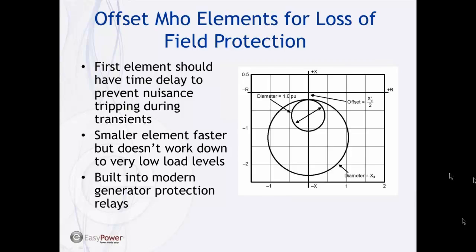The inner circle will trip basically instantaneously. So this is the typical protection that we use to detect loss of field, underexcitation types of issues. If you are trying to apply this, the relay instruction book will generally give you some guidelines for setting this. It's usually a function of the transient reactance and the synchronous reactance.